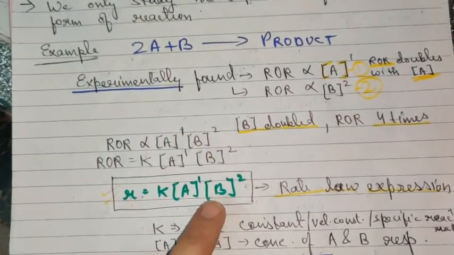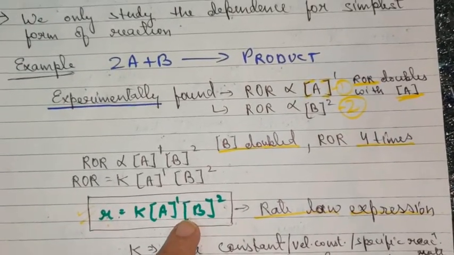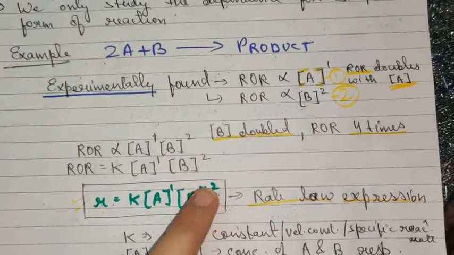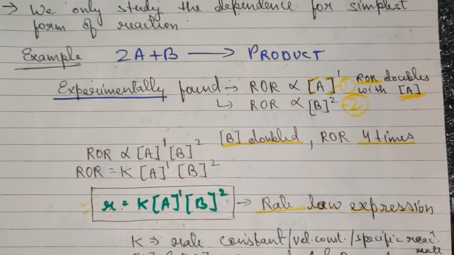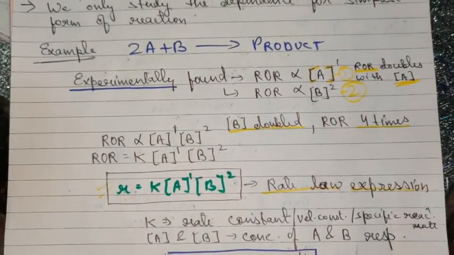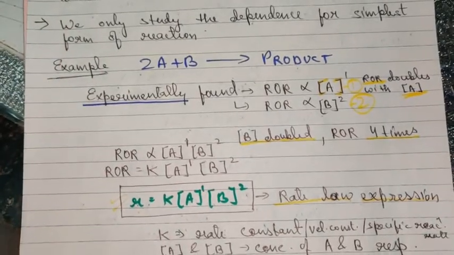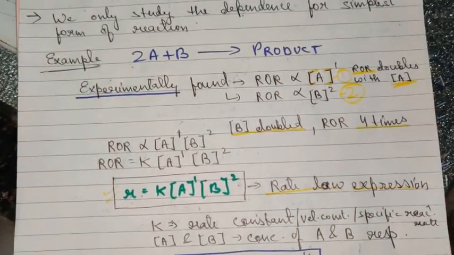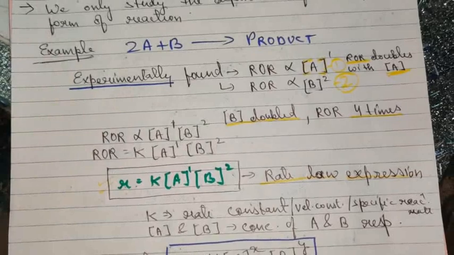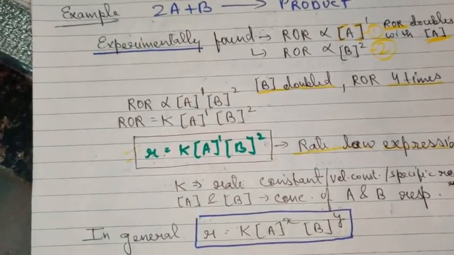That means the order of the reaction can only be deduced with the help of experiment. You cannot write down these values theoretically by looking at the reaction. It is absolutely wrong. So please follow what I am telling you, and again I am reminding you to compile your notes, write down your notes along with me. You can pause the video and write down the notes, and then you can continue again.